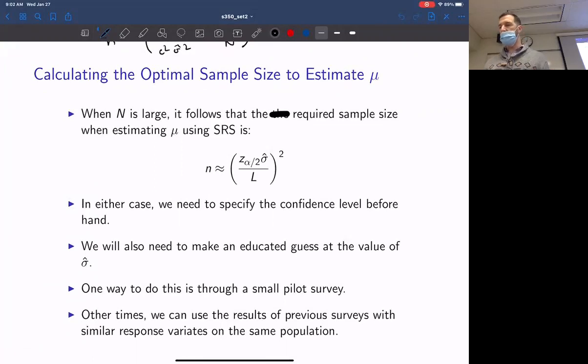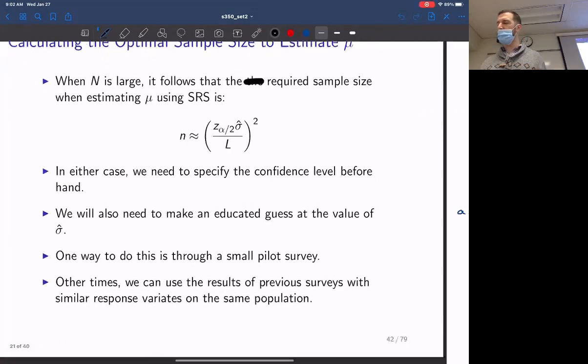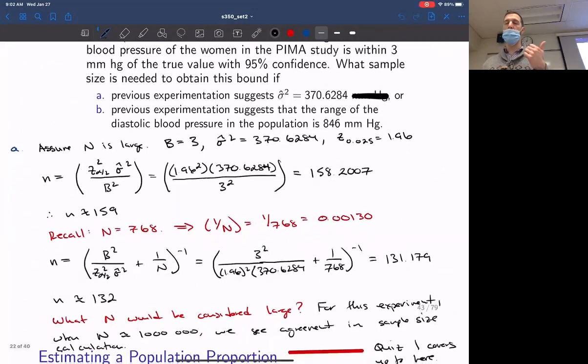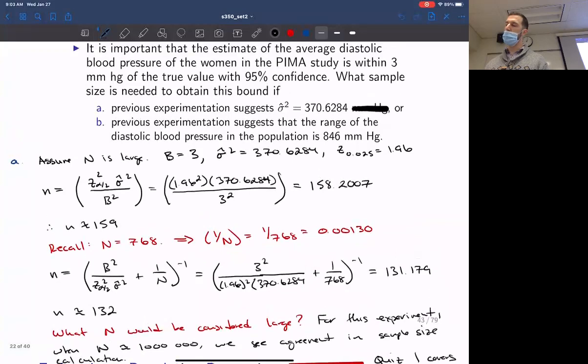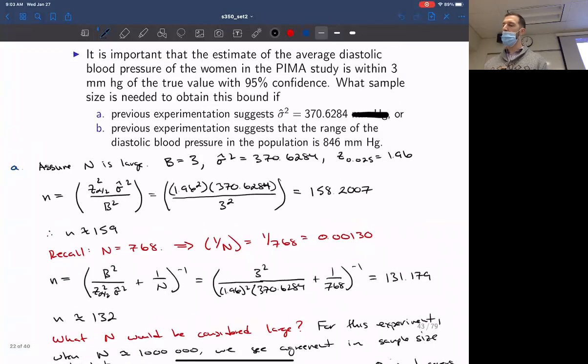And the sample size being large enough really depends on how large or small we want the bound to be, and what we know about the previous variation within the population. Those two factors combined would influence what would qualify as a large population size. For example, when we wanted to create a confidence interval for the women in the PIMA study, we wanted the bound on the interval to be 3 units.